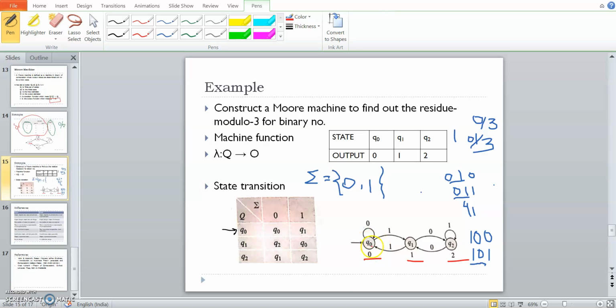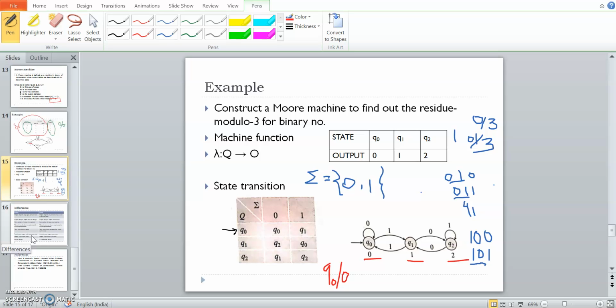Fine. This is another way you can write like this. In the state only Q0 slash 0. This can also be written. Or another way to write, the associated output can be written below the state. These are the two alternatives. Fine. I hope you understood this part.